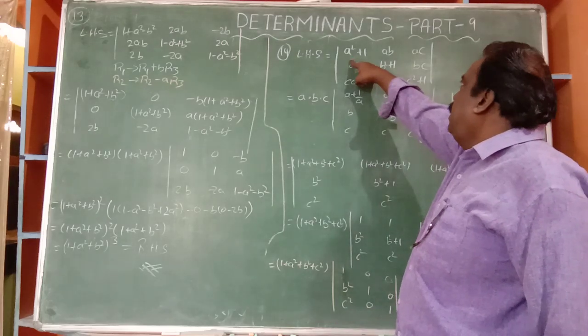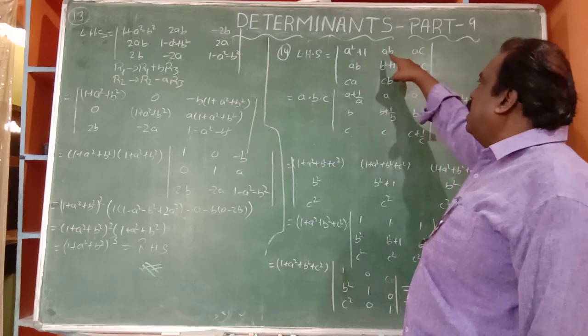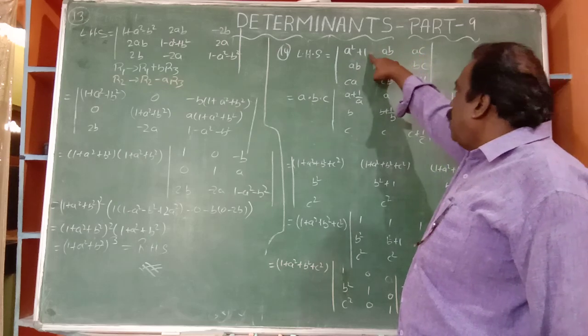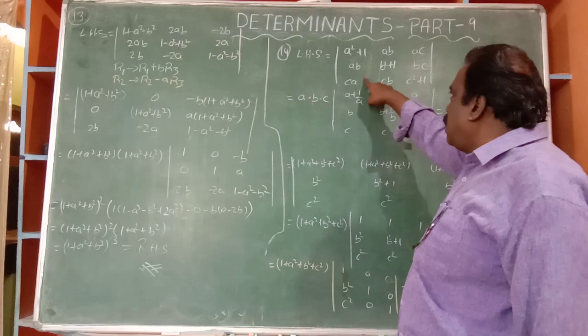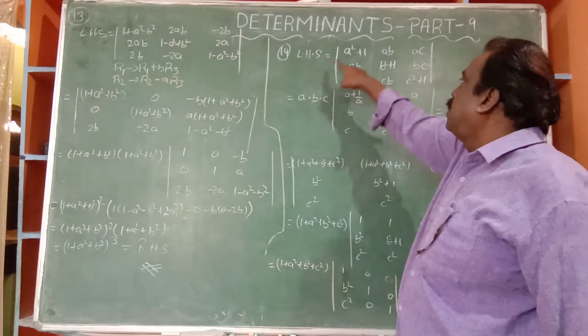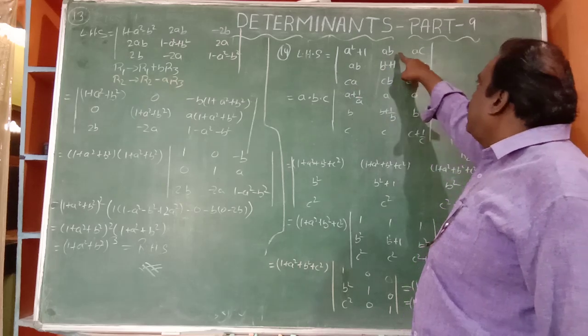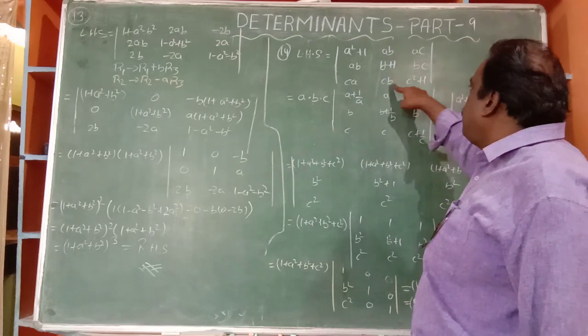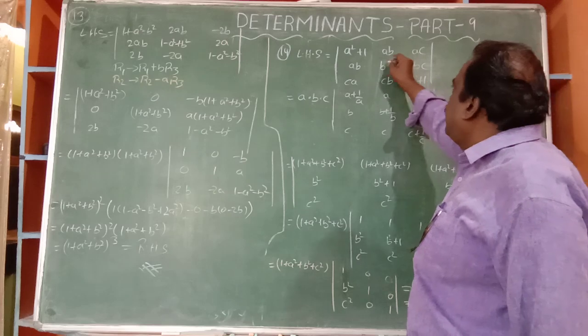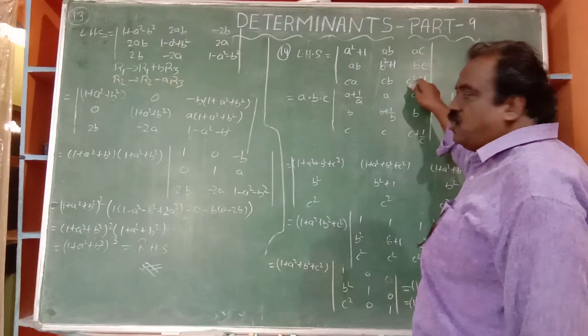In the first column, I took A as common. A is there. Here in the second column, B is there. In the third column, C is there.